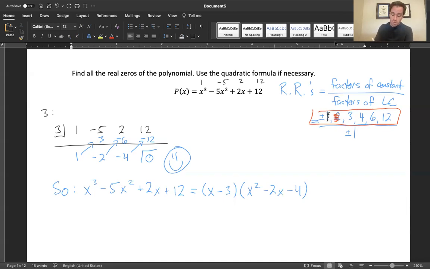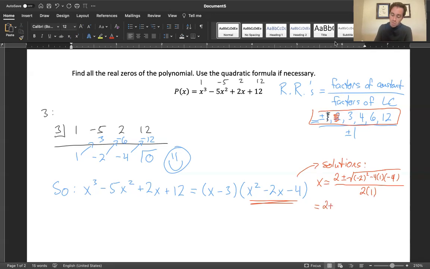So for this, its solutions are x equals, yes, you can sing the song if you want, negative b plus or minus square root of b squared minus 4ac all over 2a.